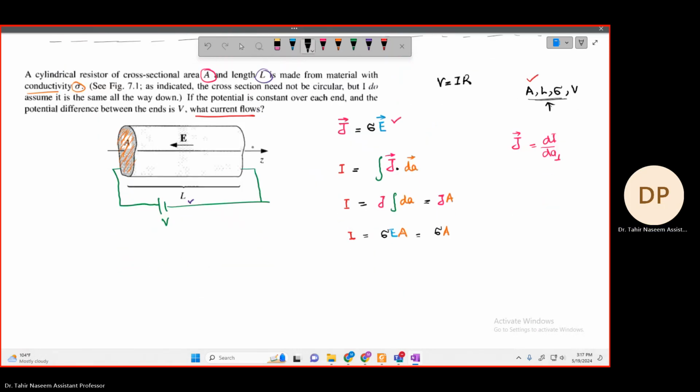Because the E field is uniform, E is equal to V by L, where V is the potential and L is the length of the wire. So this is the answer.